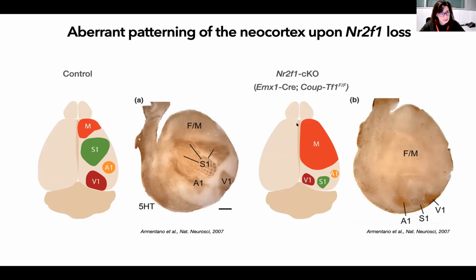And this expansion of the motor cortex in NR2F1 knockout mice occurs at the expense of the somatosensory cortex, which is then ectopically forming in a caudal region next to the visual and auditory cortex. So what we get upon the loss of NR2F1 is a totally aberrant patterning of the cortex.